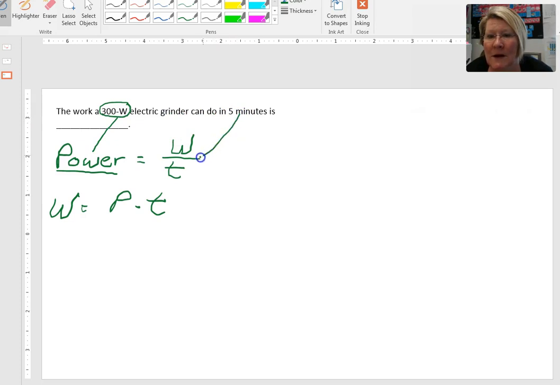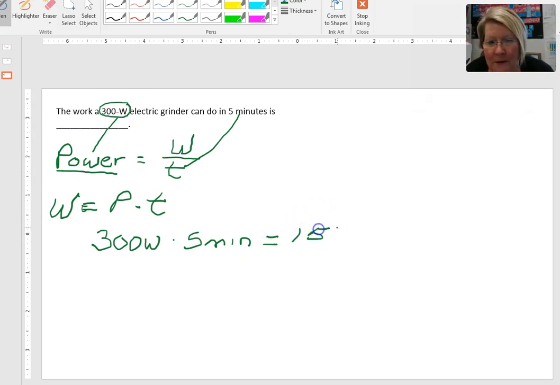They're giving us time and asking us to solve for work. So I've rearranged the equation so that work equals power times time. So I'm going to put 300 watts in for power, and I'm going to multiply that by 5 minutes. And when you do that, you come up with 1,500 joules.